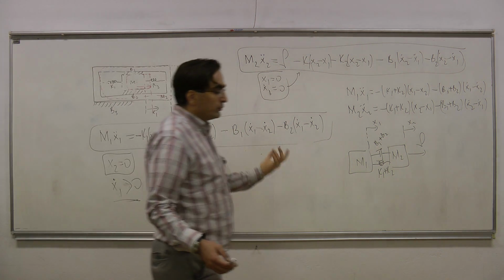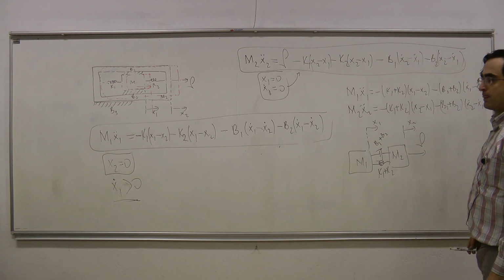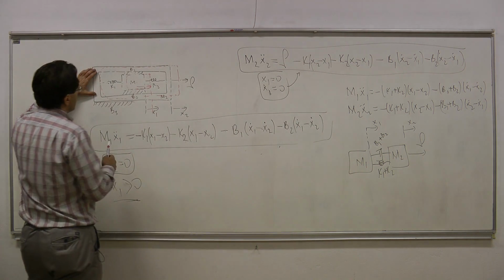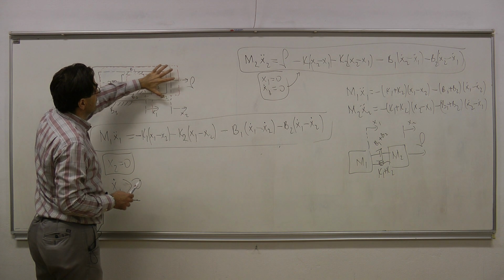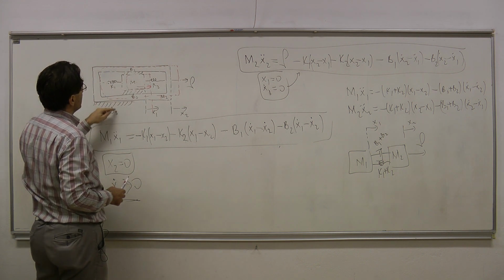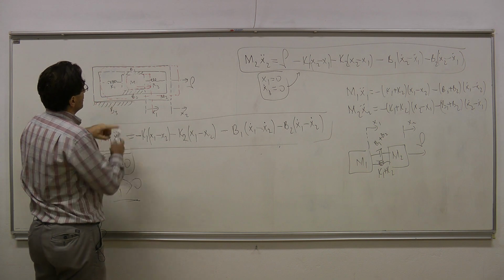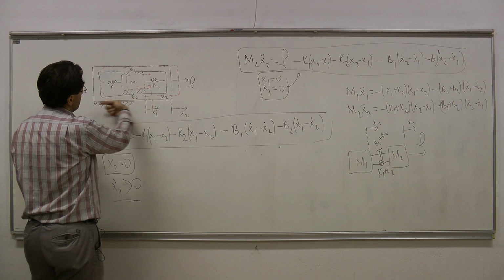And what would be the change that I would make to the M2 equation? Think about the same thing. If I move M2 towards the right with a fixed velocity, then the friction between the ground and M2 would pull the mass back.